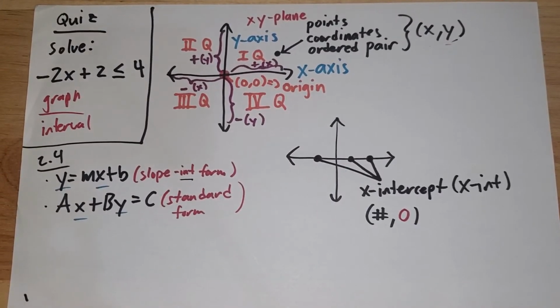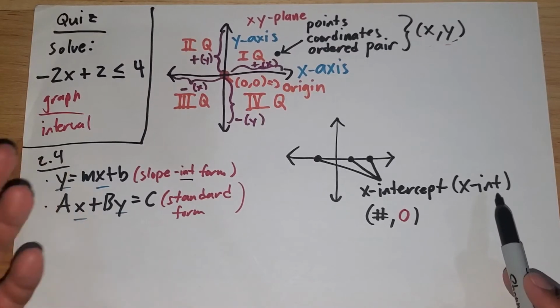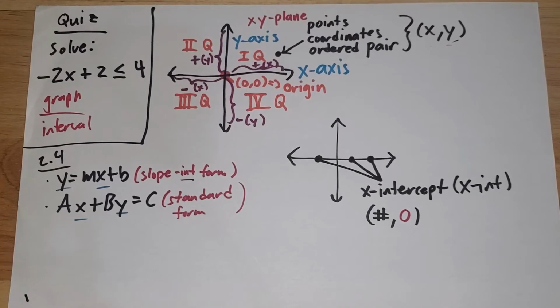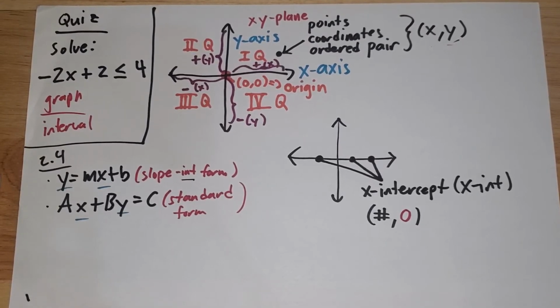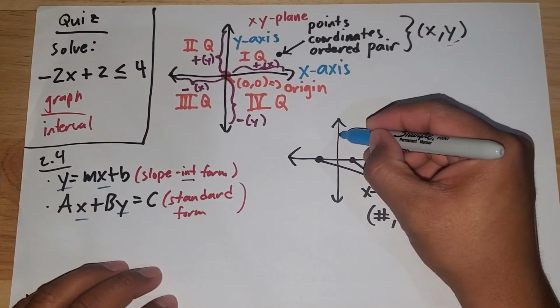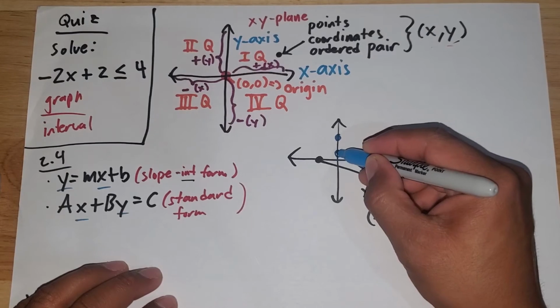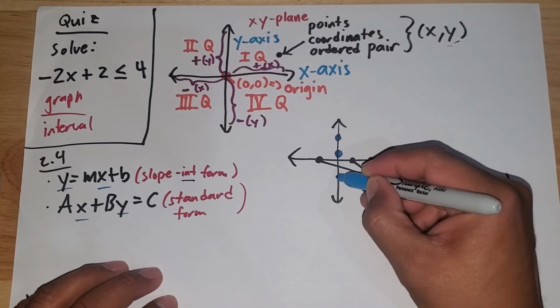And hopefully you ask yourself, well, if there's an x-intercept, is there a y-intercept? And there is. Let me show you. So the y-intercepts, hopefully you guessed it, are points that are on the y-axis.